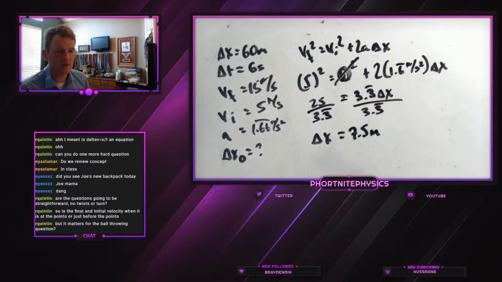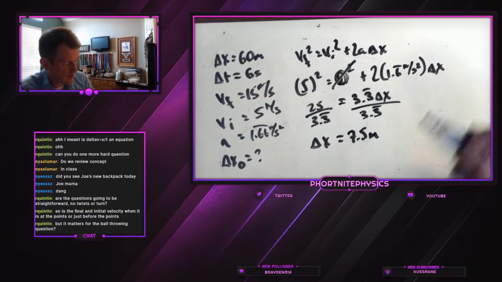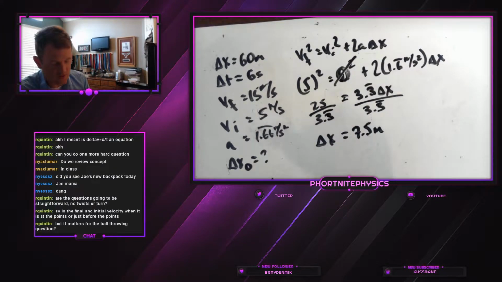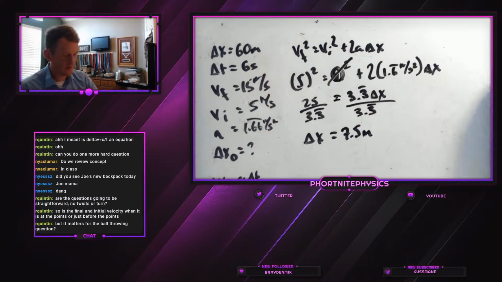Okay, let's go ahead and check and see if that's actually the case. Let's see how long it would take for it to get from 0 up to 5 meters per second. Okay, so I'm off the chart.